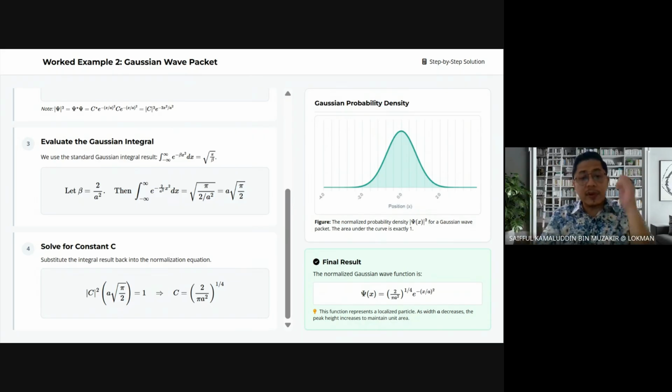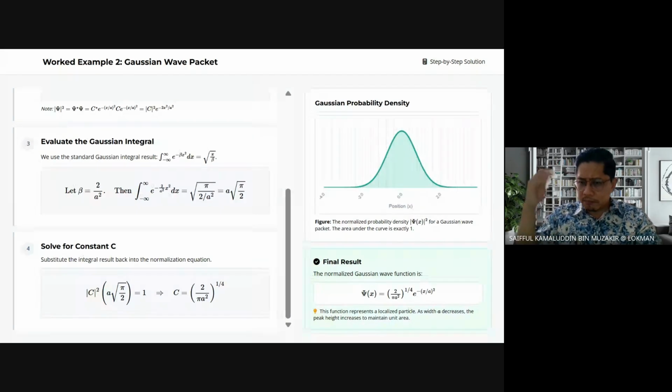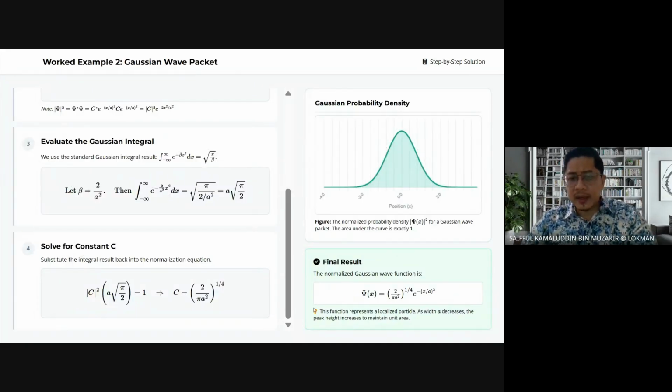They are the most localized states possible. Certain simulations are being done behind the screen by the computer just to calculate the probability density of the electron to exist. These are the equations.